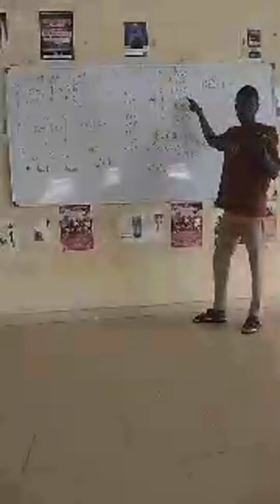It's not P of 3. P of 3 is just 0.2, right? But F of 3 means from 3 downwards. If you have F of 4, from 4 downwards. So F of 3 is 0.2 plus 0.25 plus 0.1, and that gives us 0.55, right? That's F of 3.